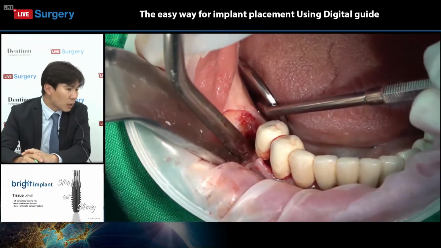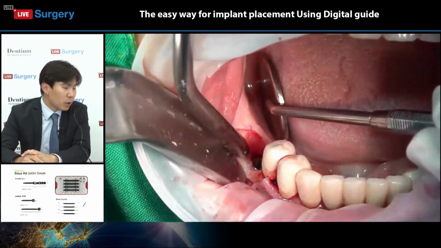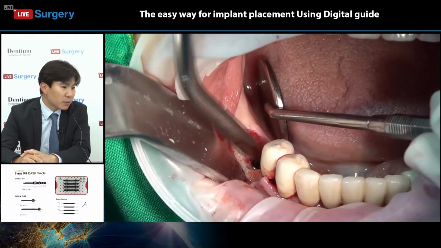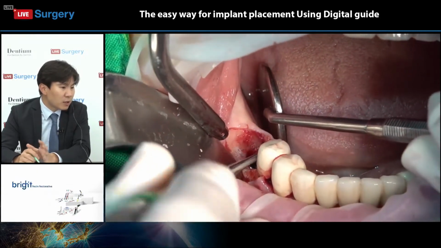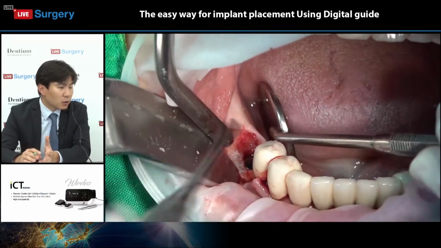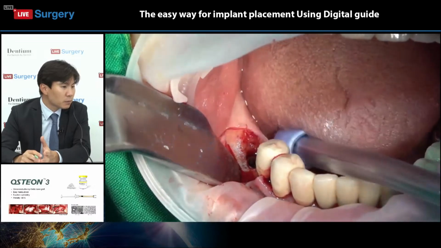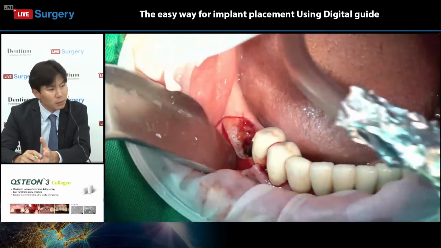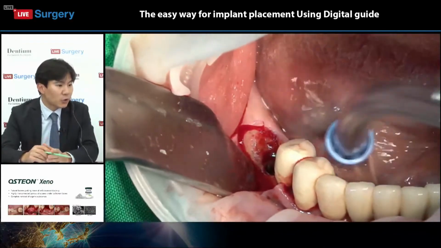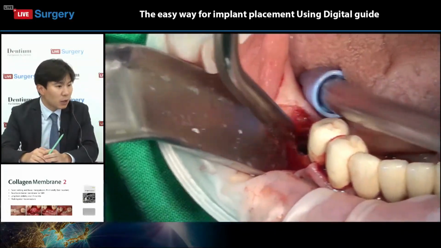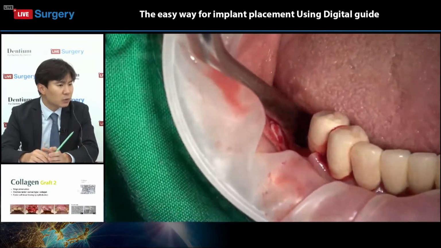And on the buccal side, we can see very small dehiscence defect, and the dehiscence defect is just confined on the smooth collar of the implant. And I think that because of the tissue contour, he would make a contour augmentation.